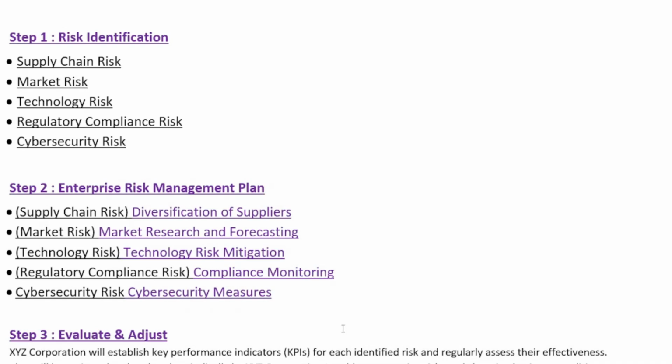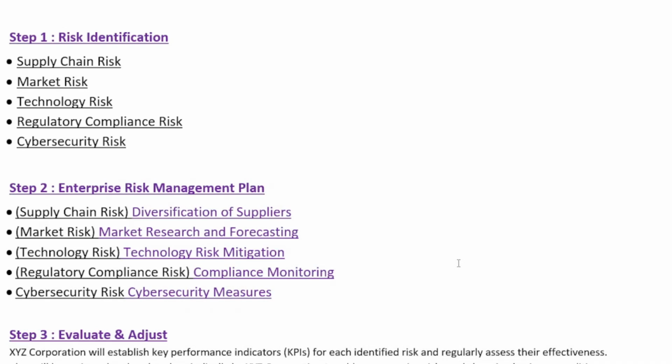To manage market risk, continuous monitoring of market trends and customer demands will help XYZ Corporation adapt quickly to changes and adjust its product strategy accordingly. Then, to manage technology risk, XYZ Corporation needs to implement rigorous testing procedures, invest in research and development, and also have contingency plans in place to avoid any technical failures as well.